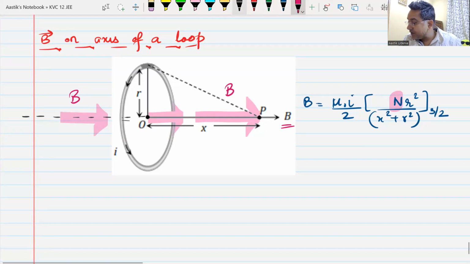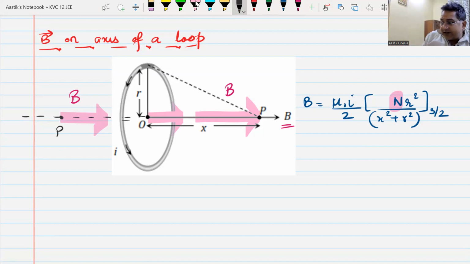Whether the point P is on the right side or left side, the magnetic field is going like this on the axis of the loop. Do we understand this? Or has it gone above our heads? Understood, sir.